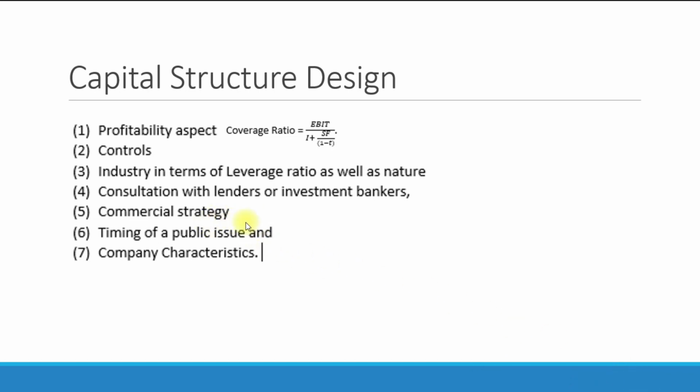Next is commercial strategy. A company should in theory be able to show flexibility in terms of source of funds and the size of funds required, whether more or less. This means the financial manager should be in a situation where he or she could change position. Therefore, while designing the capital structure, he should not lose sight of future exigencies or their impact on the present financial plan.